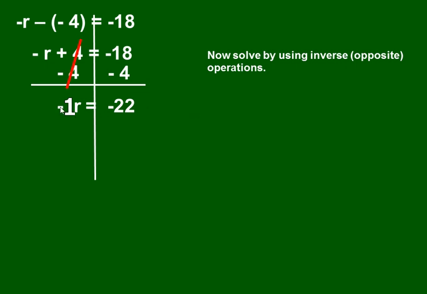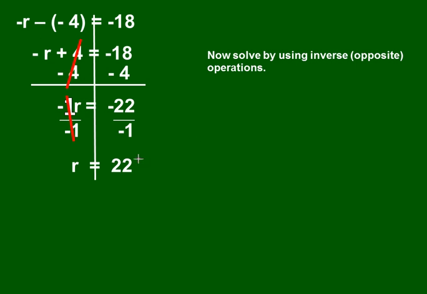So to get rid of this negative 1 times r, I do the opposite of multiplying by negative 1, and I divide by negative 1 on both sides. We get r on the left side. Negative 22 divided by negative 1 is positive 22. So r equals 22. And again, check your answer.